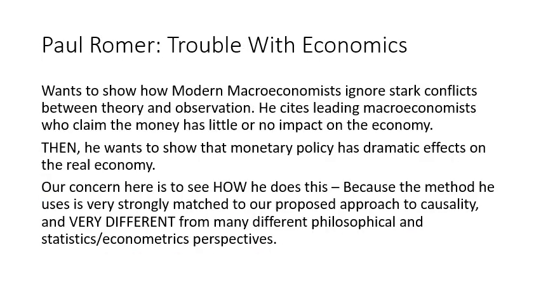So we're going to study the analysis of Paul Romer in his paper called Trouble with Economics, in which he shows that modern macroeconomists ignore stark conflicts between their theory and observations. He says that theory tells them that money doesn't matter, but the real world tells us that it does.